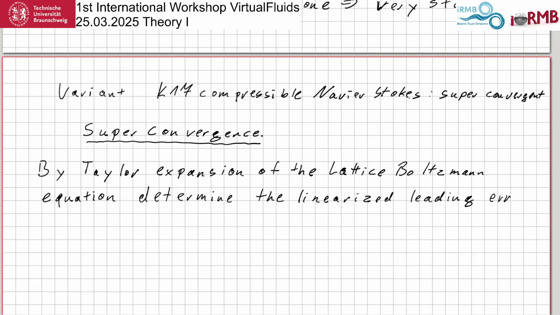Because we have several errors. One is a Mach number error that comes from the compressibility and that we do not conserve energy and so on.